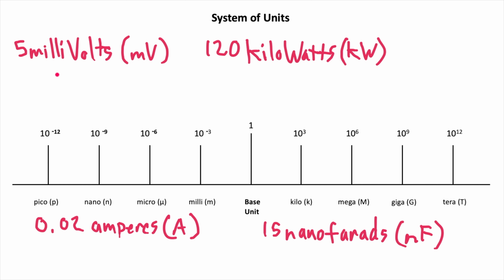Here are 4 real-world electrical measurement examples that you might come across. We have 5 millivolts with the symbol mV, lowercase m, uppercase V, 120 kilowatts with the symbol kW, lowercase k, uppercase W, 0.02 amperes with an uppercase A for the symbol, and 15 nanofarads with the symbol nF, lowercase n, uppercase F. And each of those symbols, you would actually just describe them as mV, kW, A, and nF.